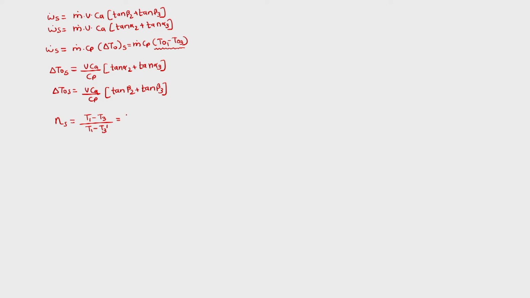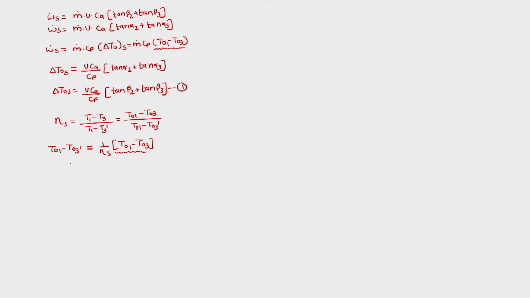We would also write it as T01 minus T03 divided by T01 minus T03 dash. So here we can take T01 minus T03 dash is equal to 1 upon isentropic efficiency times T01 minus T03. So the expression for T01 minus T03 is here. We will name it as number 1.